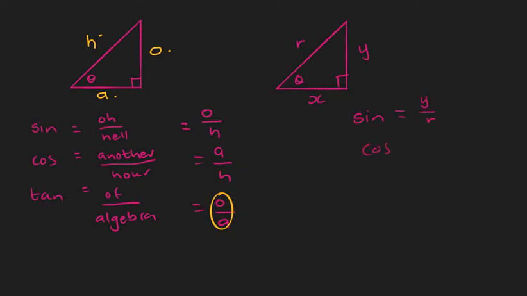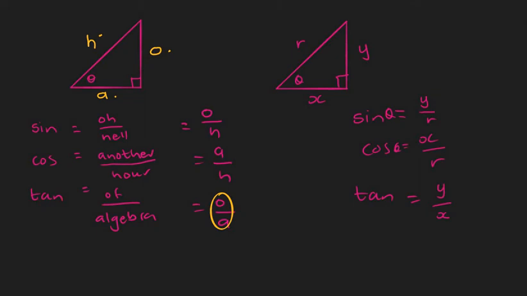Cos is adjacent over hypotenuse, so it's x over r. And tan is opposite over adjacent, which is y over x.